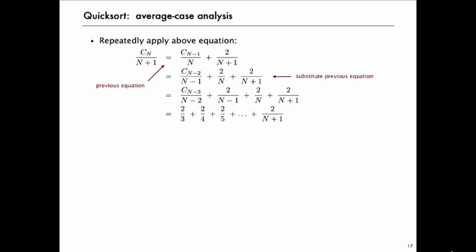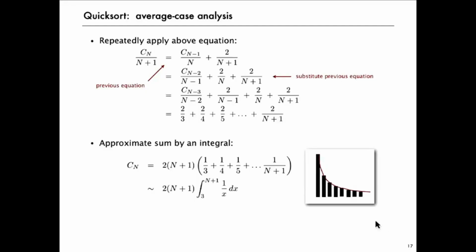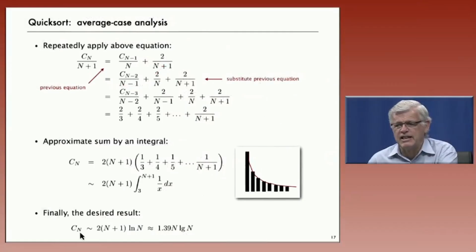Substitute the previous equation, telescope, and then that gives us an easy sum that we can approximate by an integral. It's 1 over x from 3 to n plus 1, and that's a pretty close approximation in this case. And that approximation gives us about 2(n plus 1) natural log n comparisons for QuickSort, about 1.39 n log n.